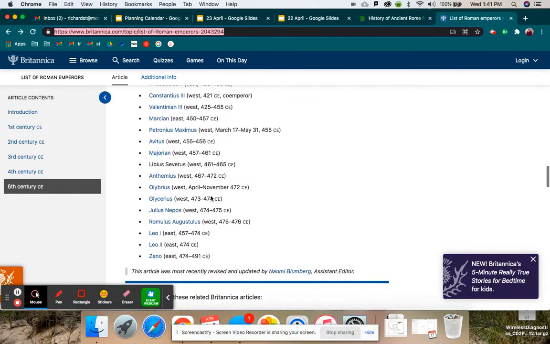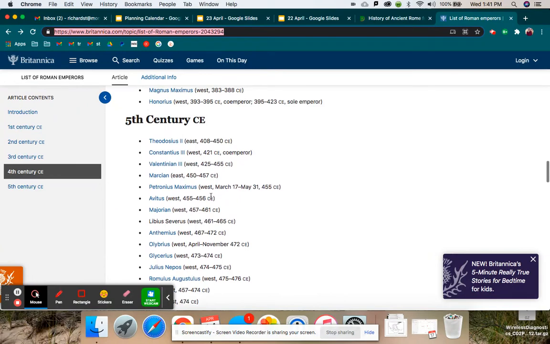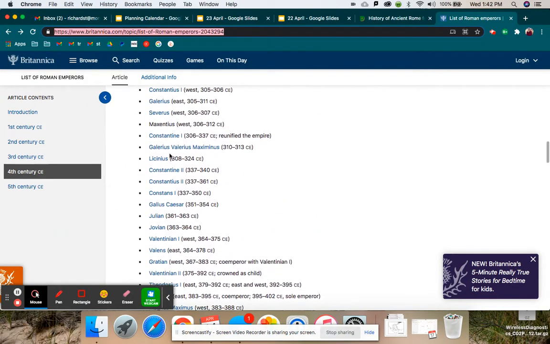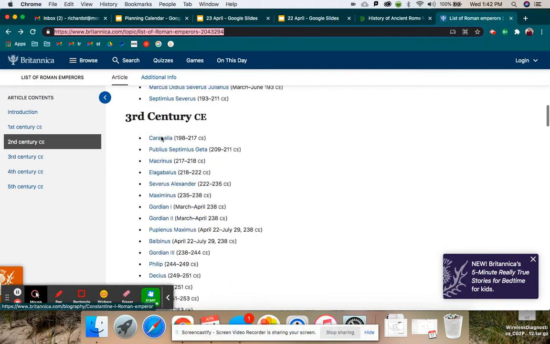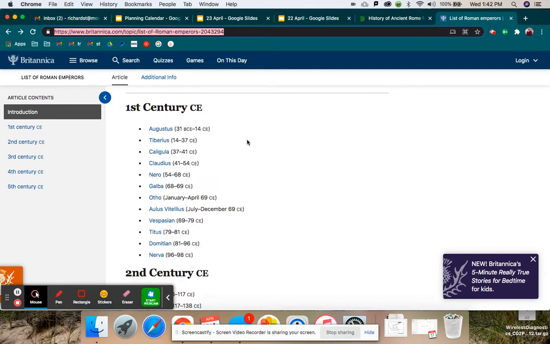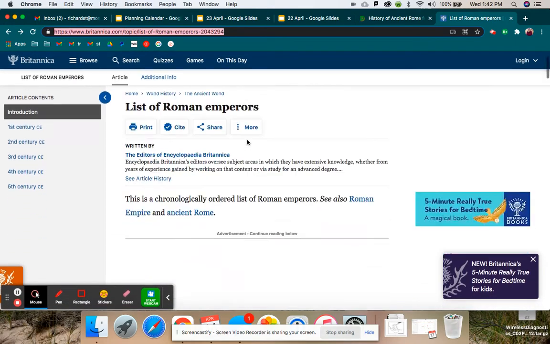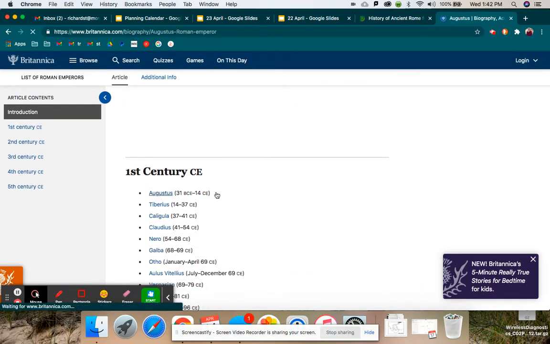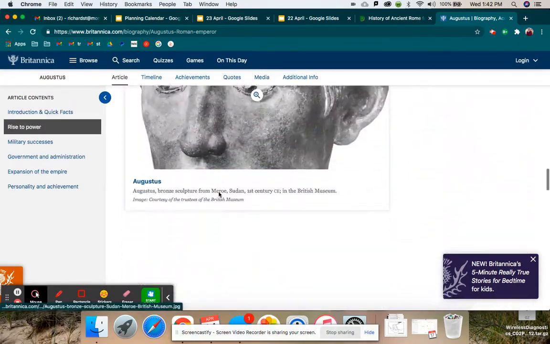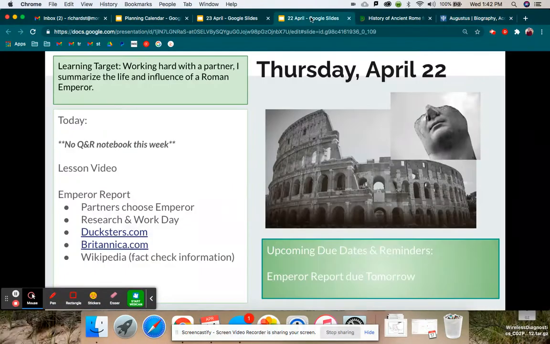When you're looking for your emperor. Yeah, you're not gonna look at 5th century. There might be a few in 4th century, like Constantine. But look at the years, and you're going to find your emperor, and then these are all linked to different information on each one. So if we go to Augustus, for example, and it gives you some information on Augustus. So these are good starting points for you.